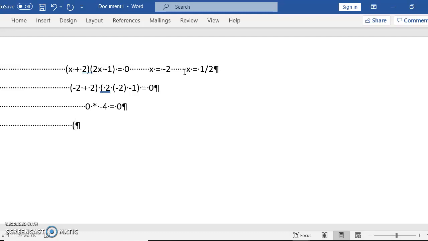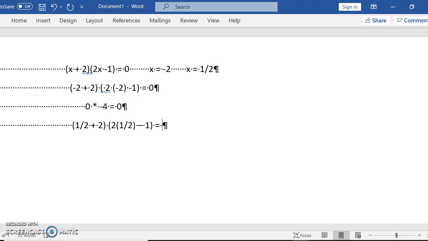So if I had 1/2 plus 2, 1/2 plus 2, times 2, and I'm multiplying that by 1/2. Half of 2 is equal to 1, minus 1.